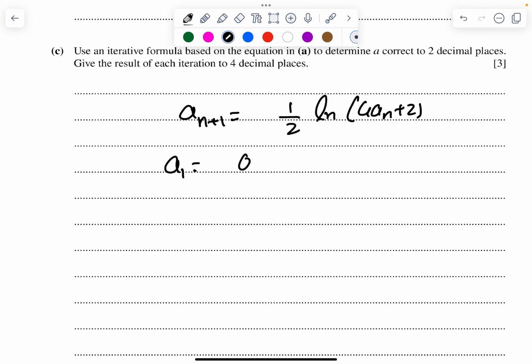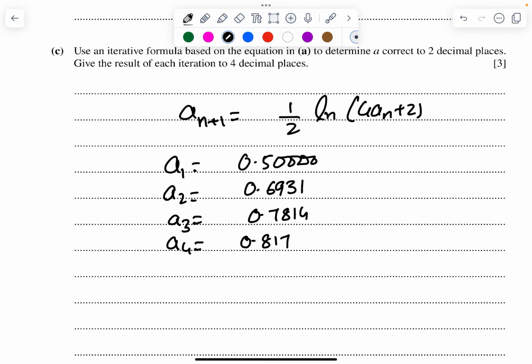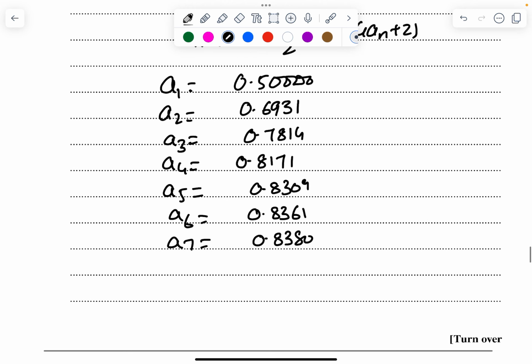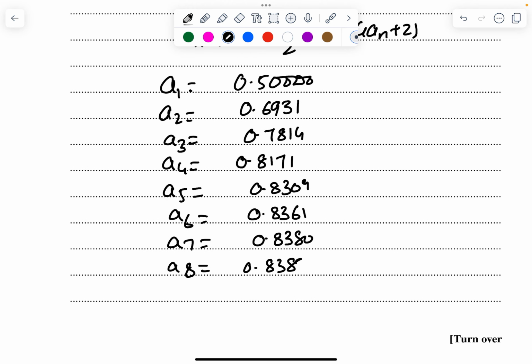So a1 equals 0.5000, a2 equals 0.6931, a3 equals 0.7814, a4 equals 0.8171, a5 equals 0.8309, a6 equals 0.8361, a7 equals 0.8380, and a8 equals 0.8388.